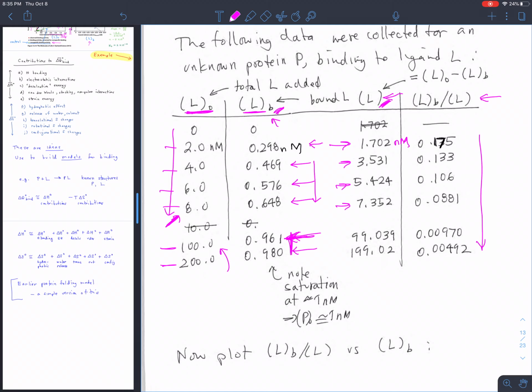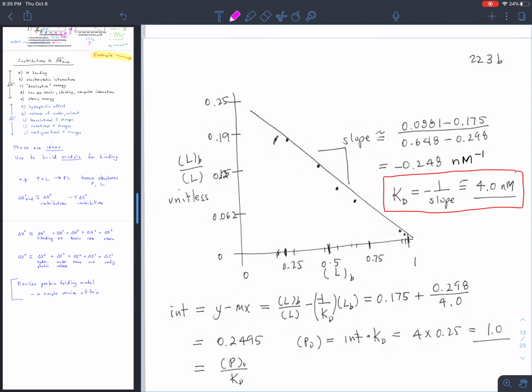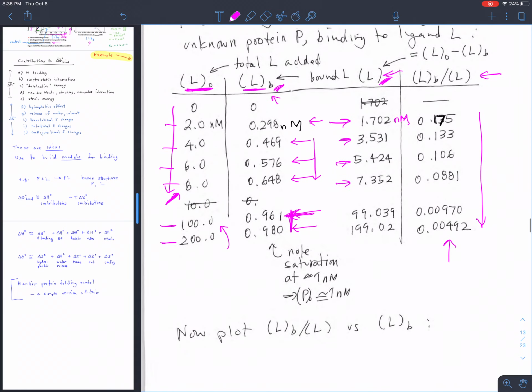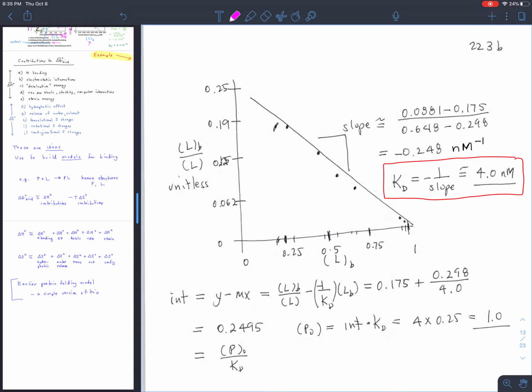And here's the numbers. Now we make a plot. So we plot the ratio, that is the numbers in this column, versus the total amount of bound stuff, which is the numbers in this column. And we do indeed get something like a straight line. I guess I put some noise in there because it looks like it's not a perfect straight line. I didn't just calculate these numbers out. I must have put a little bit of noise in there.